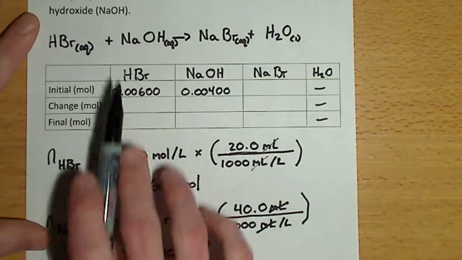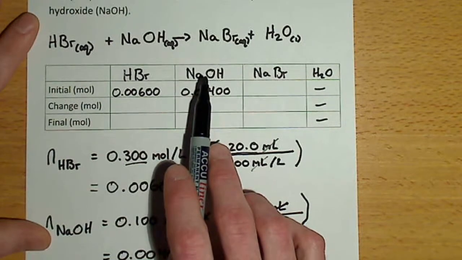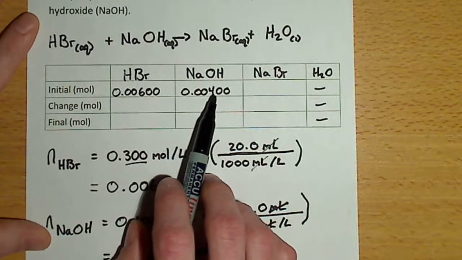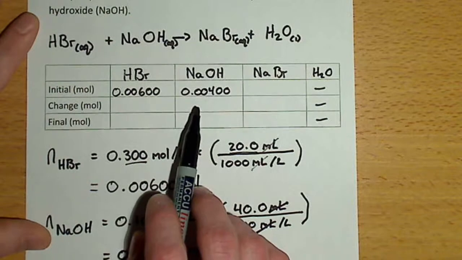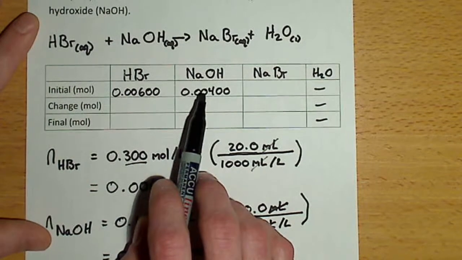Given that hydrobromic acid and sodium hydroxide react in a 1-to-1 ratio, we can see that the limiting reactant is the sodium hydroxide. So my change in molar amounts will be equal to the total amount of sodium hydroxide in moles.